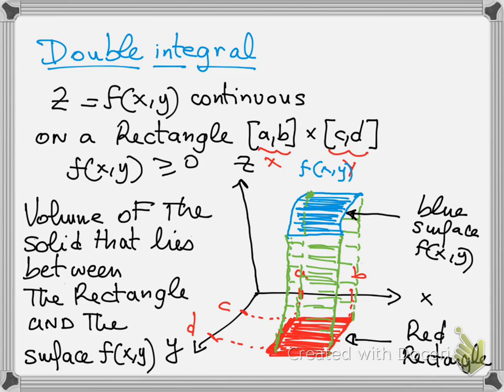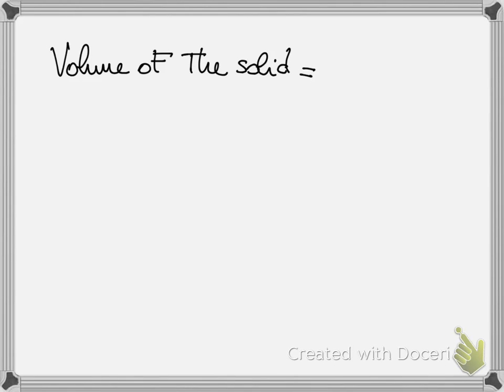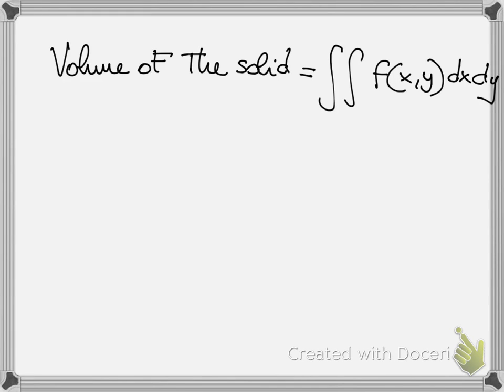So what I'm saying is that the volume of the solid is actually given by the double integral of f of x, y, dx dy. Okay, so now we have two variables, so there'll be f of x, y dx dy.